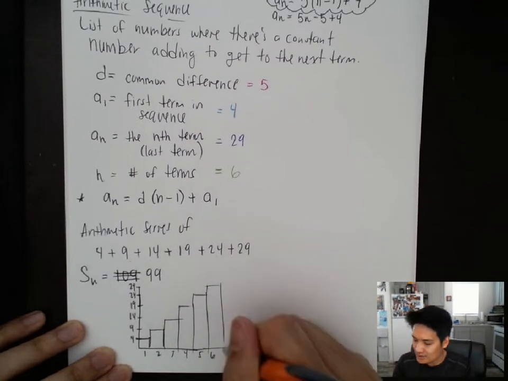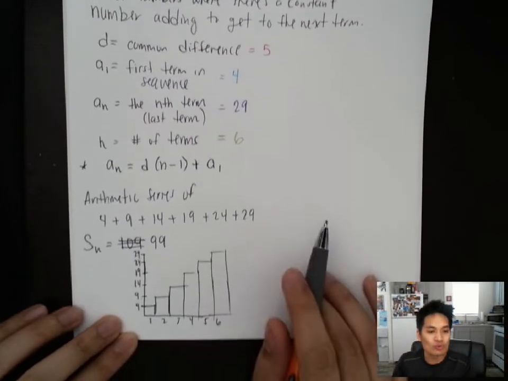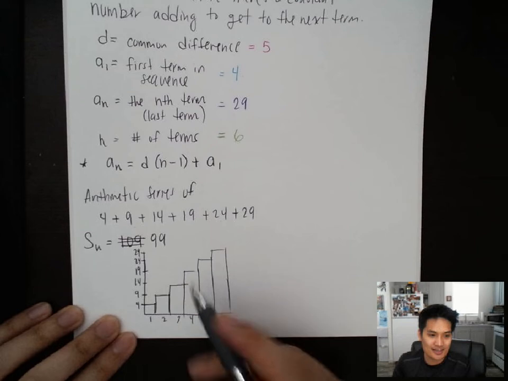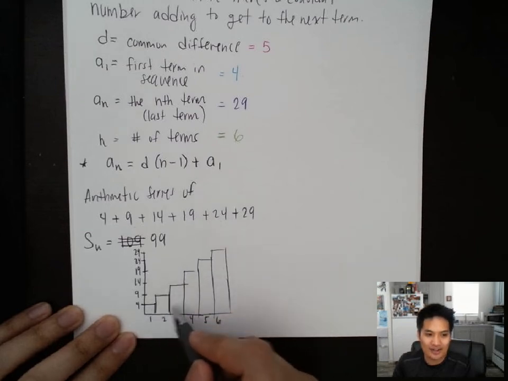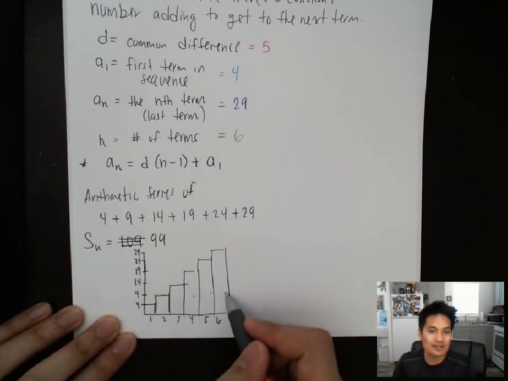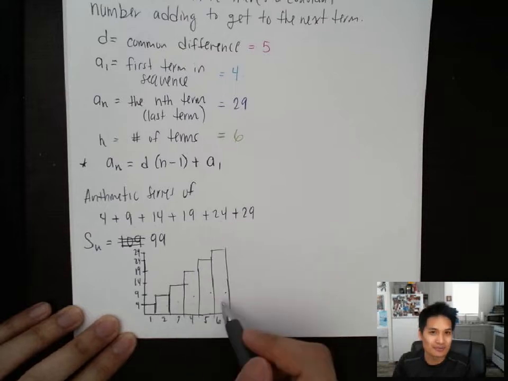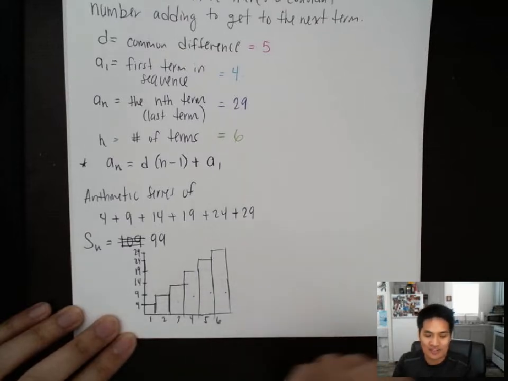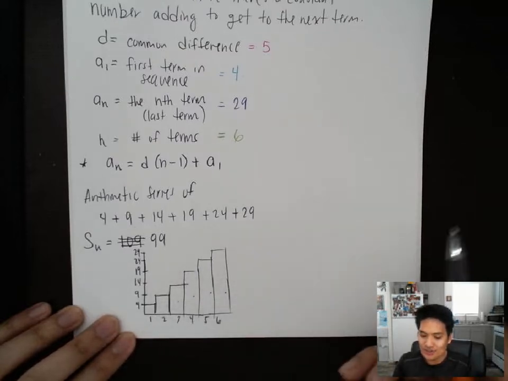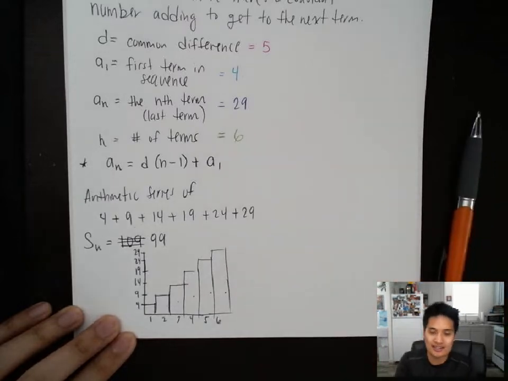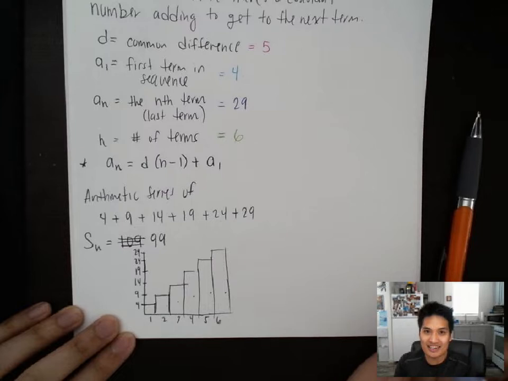One way we can visualize this is that if we calculate the area of this shape, it would give us the sum of our sequence. But let's try visualizing this by creating a shape that's really easy to find the area for.